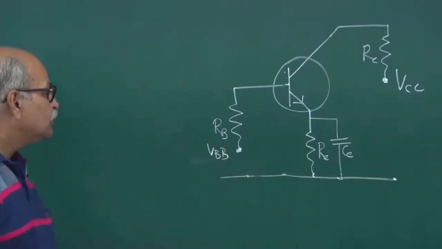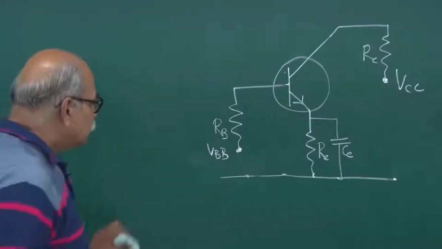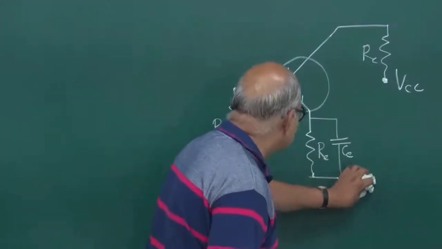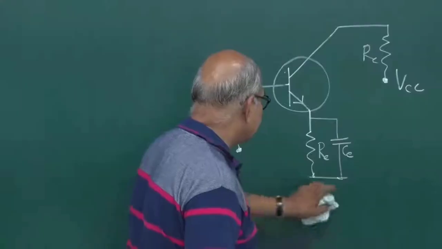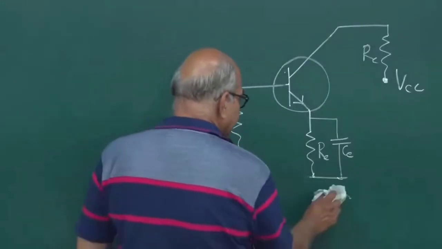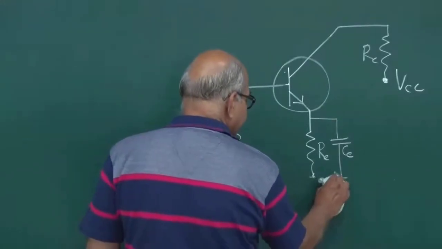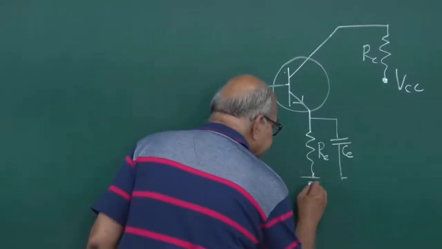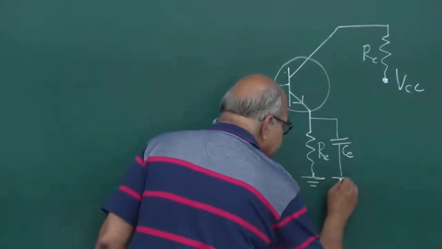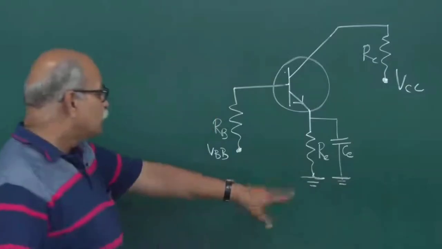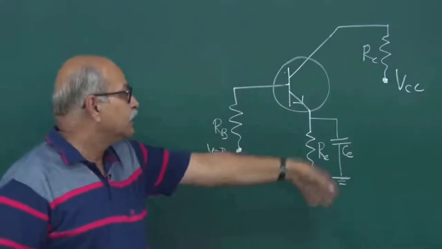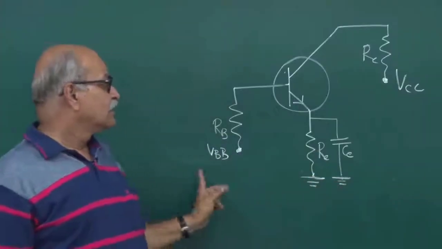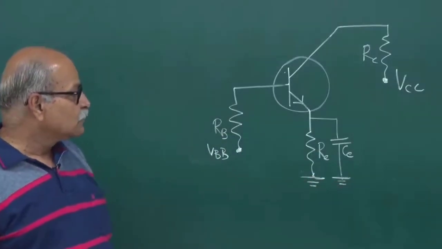And then you can remove this ground line also, and these things which are connected to ground, you can remove, and you can put a ground symbol here. You can say that this is the ground symbol, this is ground. Wherever there is a zero potential point, you can put this symbol anywhere in the whole circuit, and we know that it is connected to this line. So this is one thing.